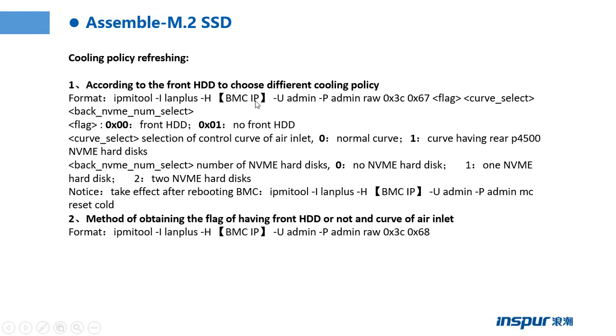This one is the BMC IP address, the username, the password. The default username is admin. The default password is also admin. We need to pay attention to those parts.